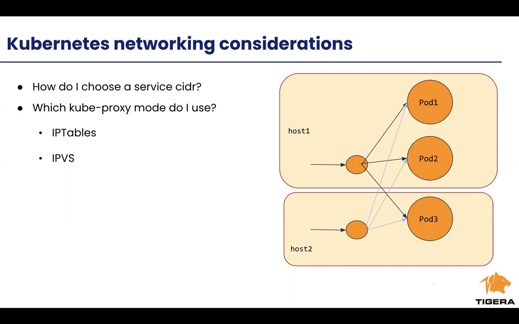There's a couple of different service types: the service type LoadBalancer, ClusterIP, and NodePort, and there are some nuances as to how those all work, but that's outside the scope of what we're going to talk about in this slide. As far as the Kubernetes networking considerations, you're going to want to pick a service CIDR that's going to allow you to have enough IP addresses for all the services in your cluster.